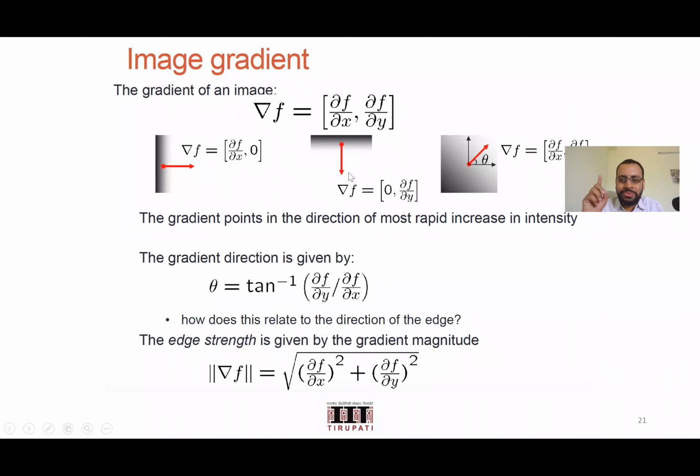So be very clear: if you have a non-zero gradient in the horizontal direction, that means you have a vertical edge, and the other way around. Hope this point is clear to everyone. Any question here?